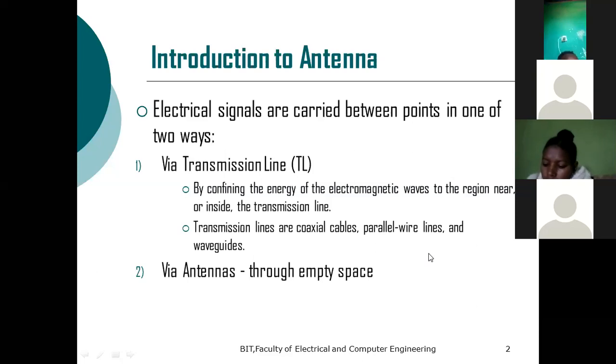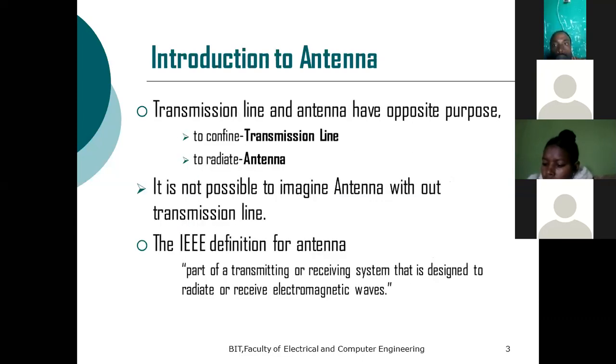So the main interest of a radiating element is to convert the electrical signal to wave. So transmission line and antenna, we can say they have opposite purposes. The main purpose of transmission line is to confine, whereas the main purpose of the radiating element, or what you call antenna, is to radiate to the space.